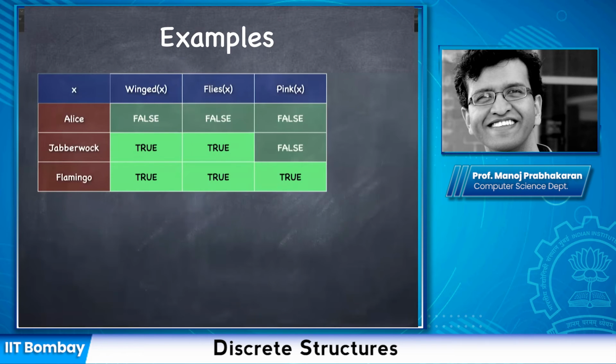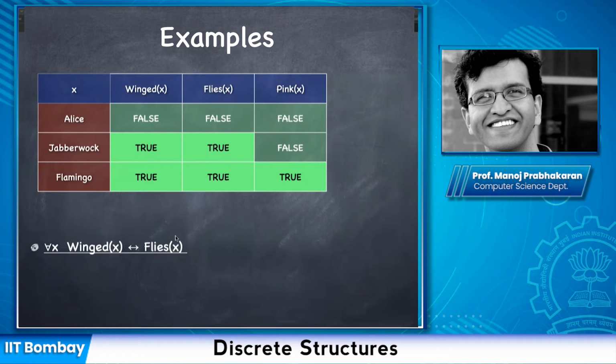Okay, so a couple of quick examples to get you familiarized with this. Here's a proposition: for all x, winged x if and only if flies x. One way to think about whether the statement is true or false is to look at this part, winged x if and only if flies x, as a new predicate.